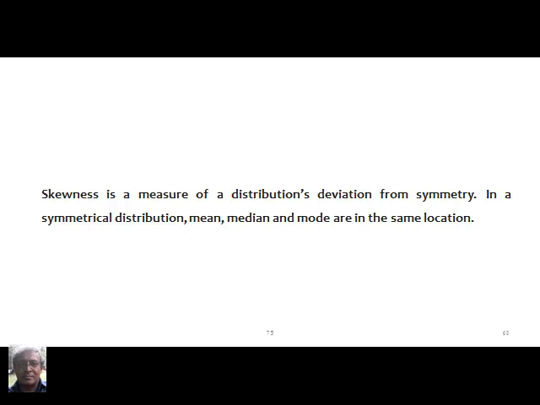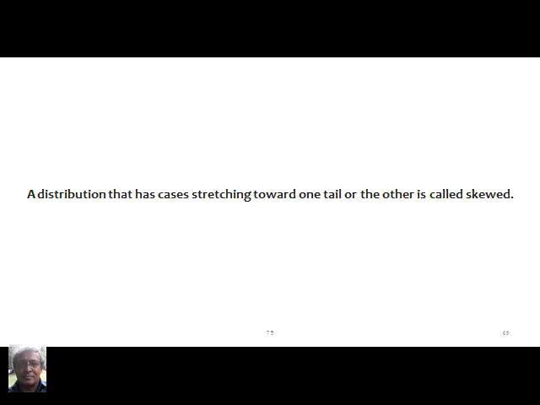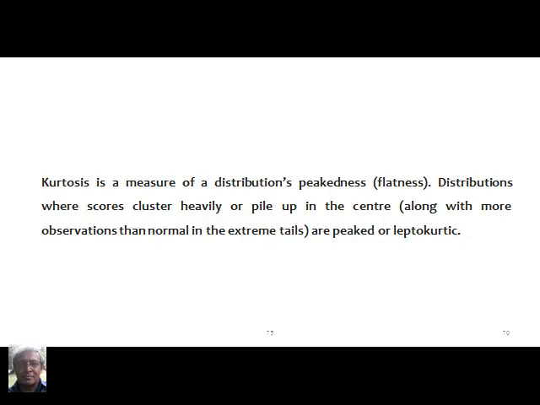Skewness is a measure of a distribution's deviation from symmetry. In a symmetrical distribution, mean, median and mode are in the same location. A distribution that has cases stretching toward one tail or the other is called skewed. Kurtosis is a measure of a distribution's peakedness or flatness.